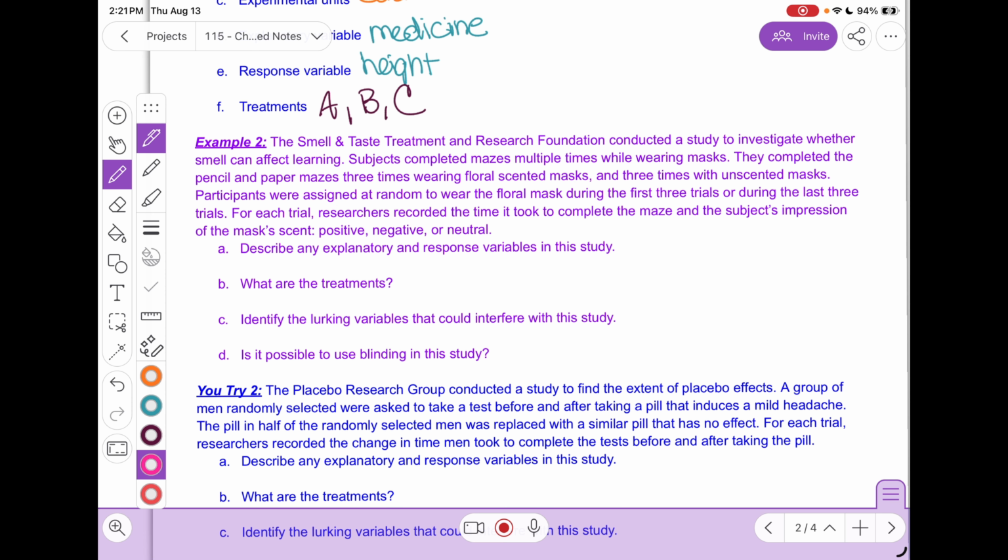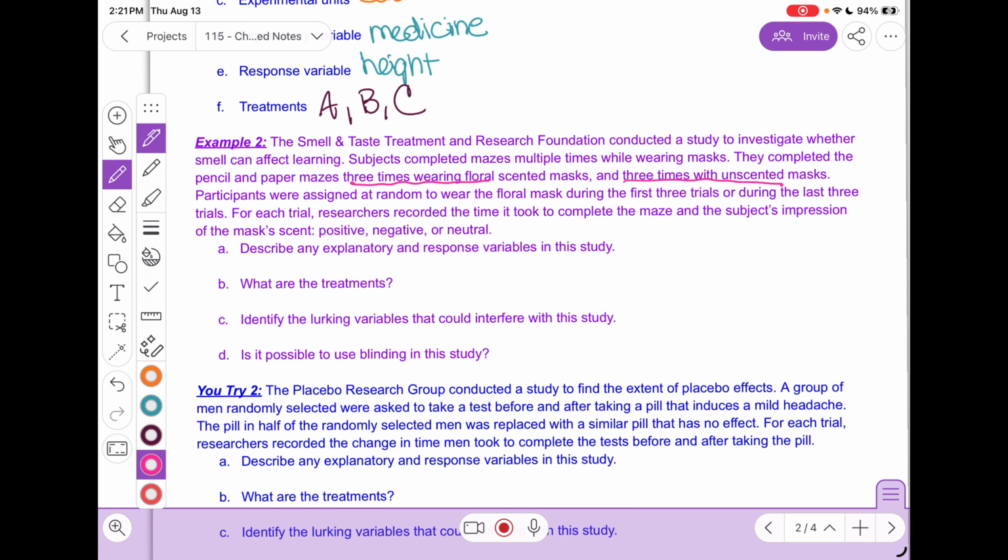The Smell and Taste Treatment and Research Foundation conducted a study to investigate whether smell can affect learning. Subjects completed mazes multiple times while wearing masks. They completed pencil and paper mazes 3 times, wearing floral scented masks, and 3 times with unscented masks.